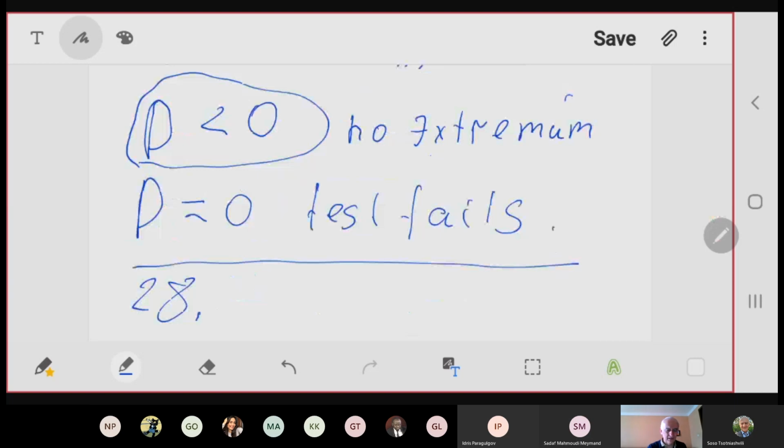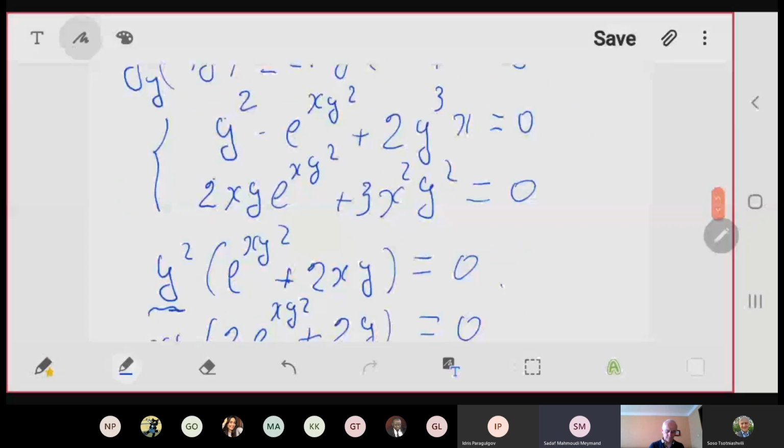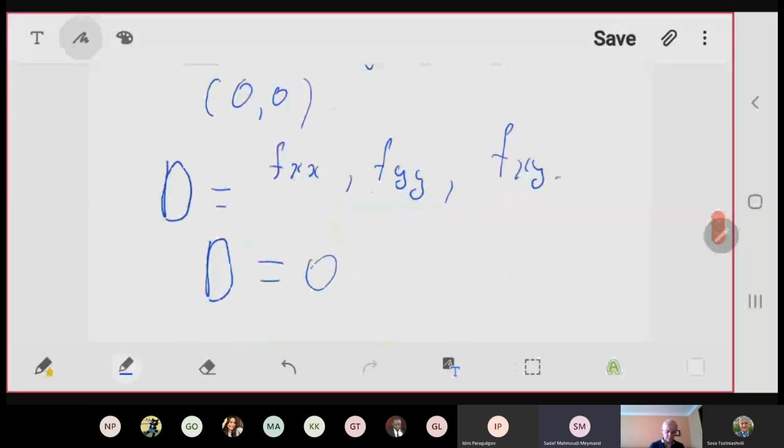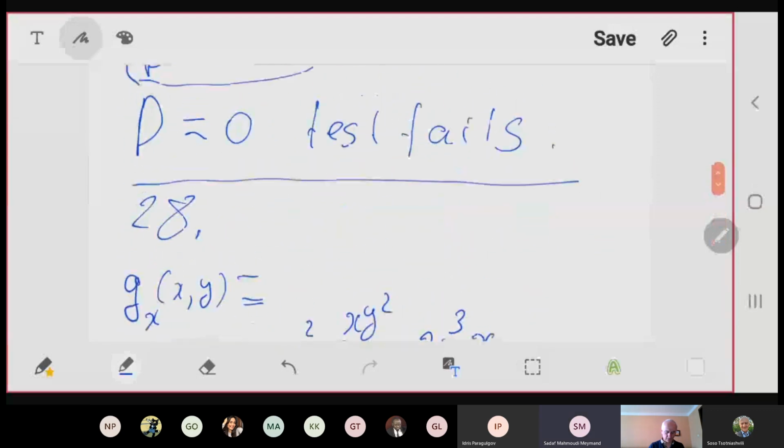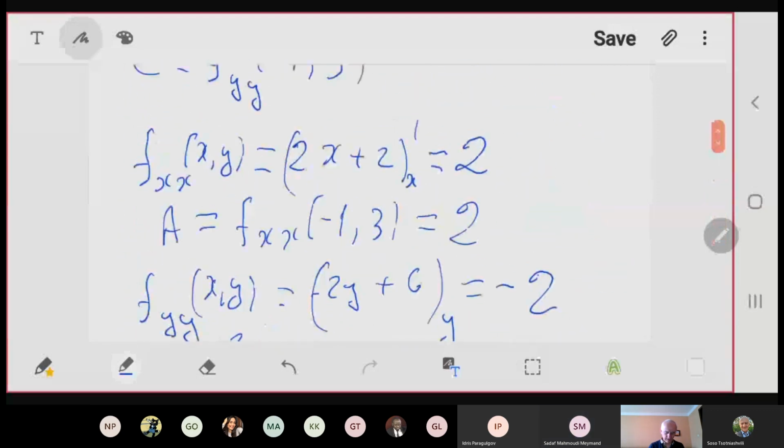Any other question? And for the first question, we just try to solve fx, fy, and fxy. We didn't need to solve for local extrema for the first question.